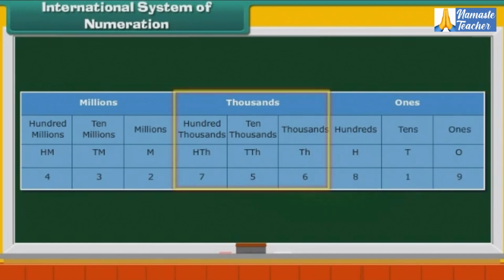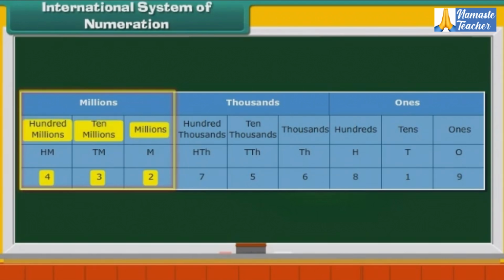Similarly, the thousands group has 3 digits 6, 5 and 7. Their places are thousands, 10,000s and 100,000s. The millions group has the 3 digits 2, 3 and 4. Their places are millions, 10 millions and 100 millions.